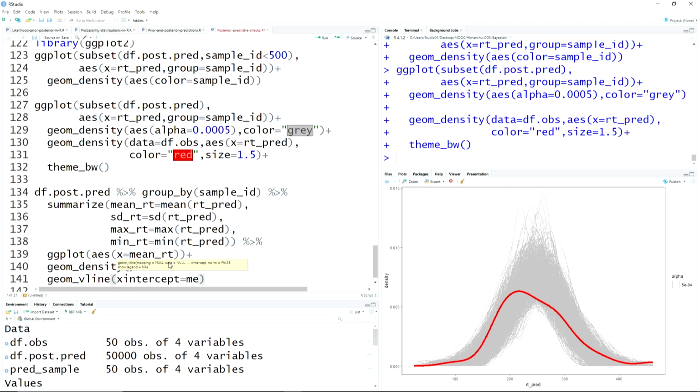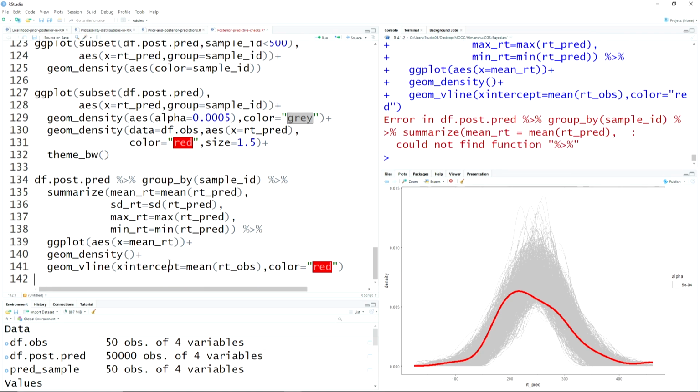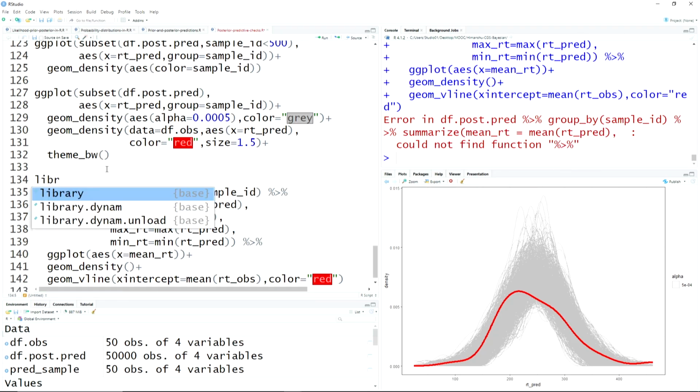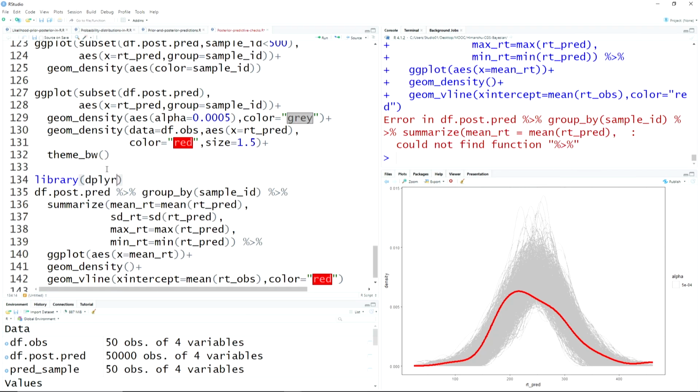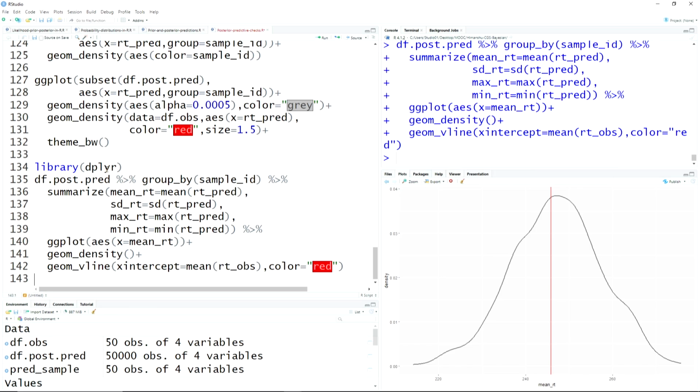So mean RT of observed data, so mean of RT obs. Okay. So need this library. Okay, this is how it looks like.